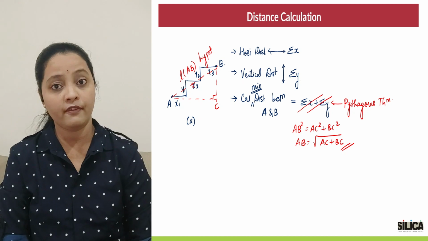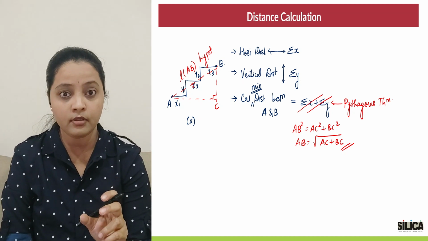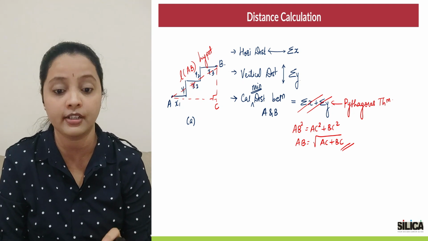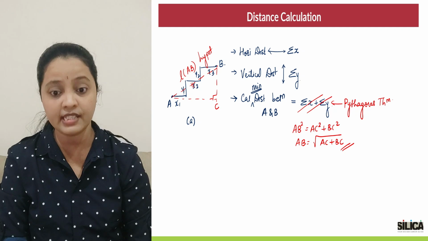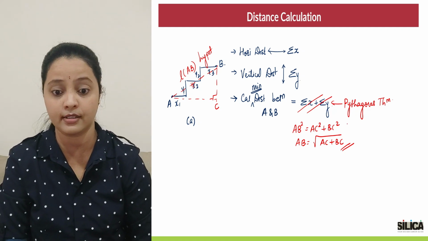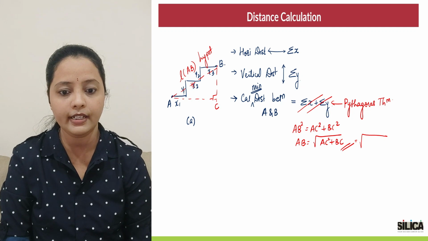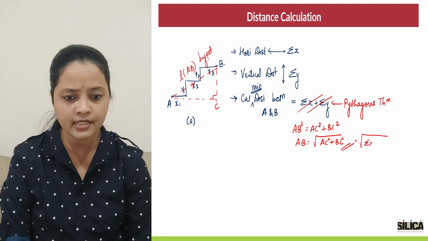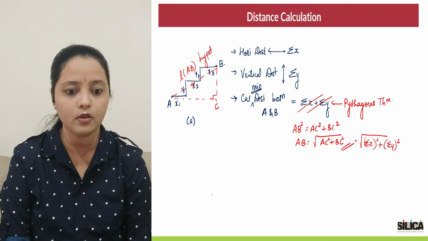Idea clear? Obviously depending upon the question, the measurement of your horizontal and vertical distance, that means AC, is the horizontal distance here, and BC is actually the vertical distance here. So for this respective figure I could simply say it is the root of the summation x the whole square plus the summation y the whole square.